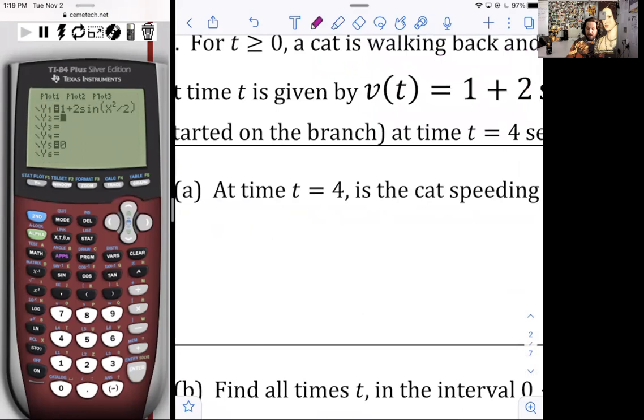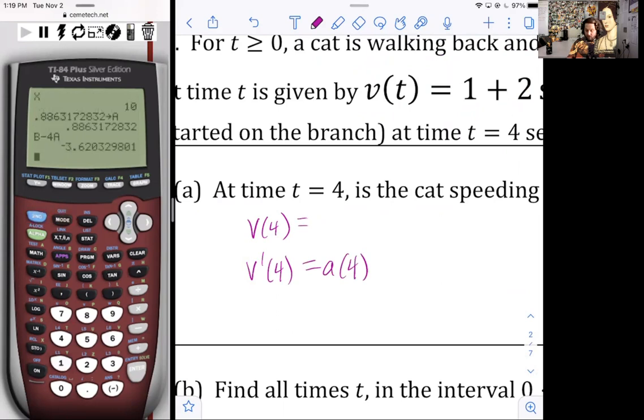So again, on a calculator question, since they're calling it v, we just need to find v of 4 and v prime of 4, which I'm going to go ahead and call a of 4. So go to the home screen. V of 4, well, alpha trace number 1 of 4. And we get 2.978 truncated, which is greater than 0.